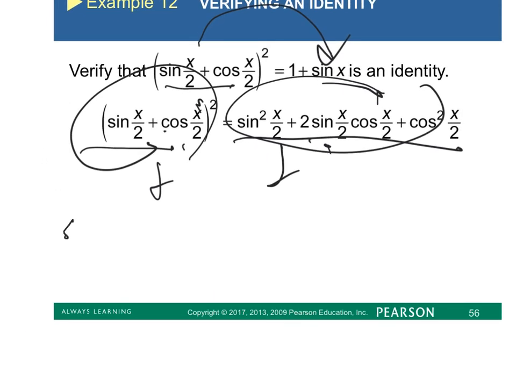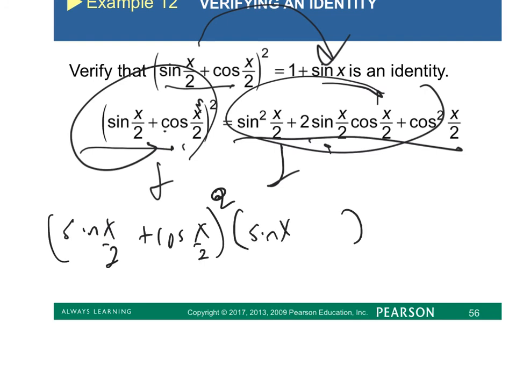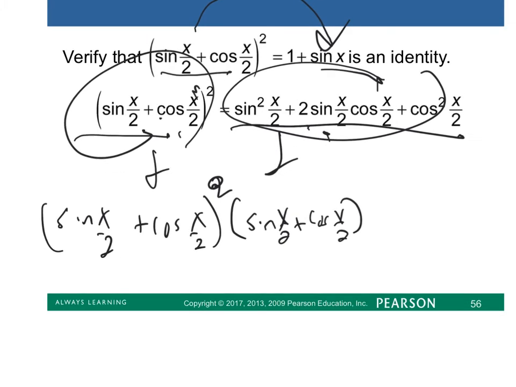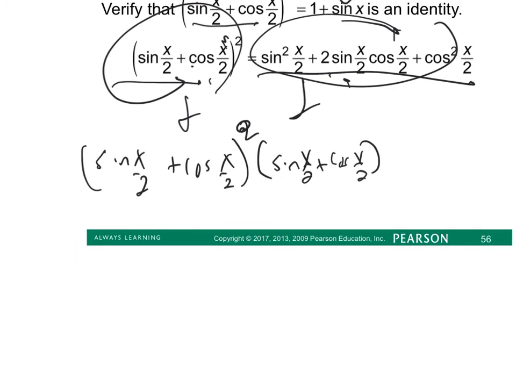He did the sine of x over 2 plus cosine of x over 2 squared, which means times itself. Sine of x over 2 plus cosine of x over 2. And using FOIL, sine of x over 2 times sine of x over 2 is sine squared of x over 2.